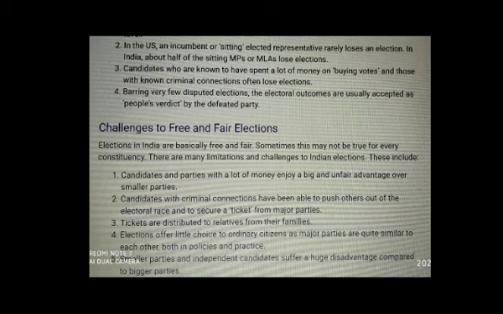Fourth one, elections offer little choice to ordinary citizens as major parties are quite similar to each other, both in policies and practices. Last one, smaller parties and independent candidates suffer a huge disadvantage compared to bigger parties.